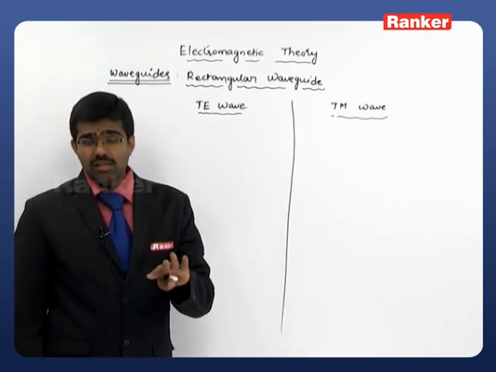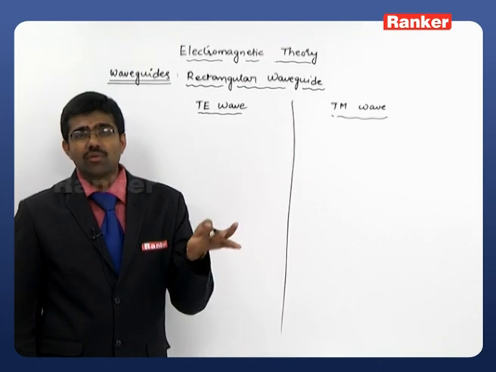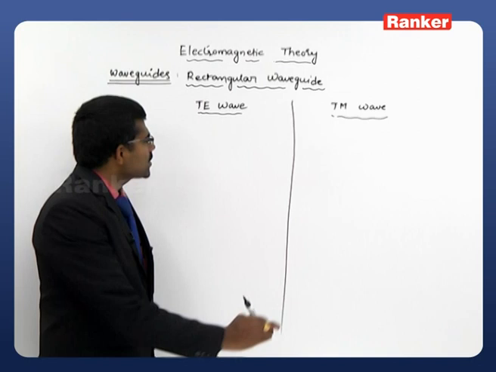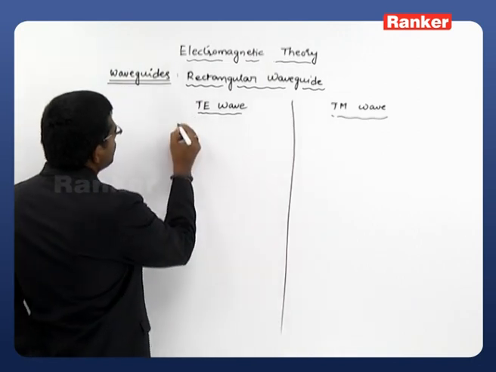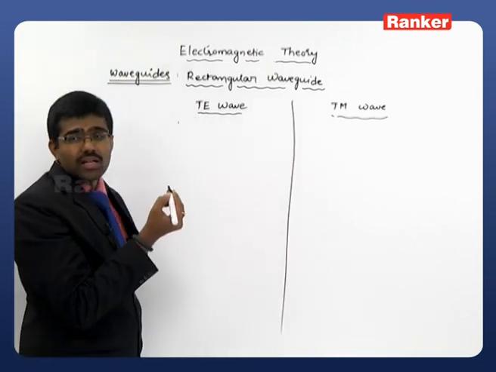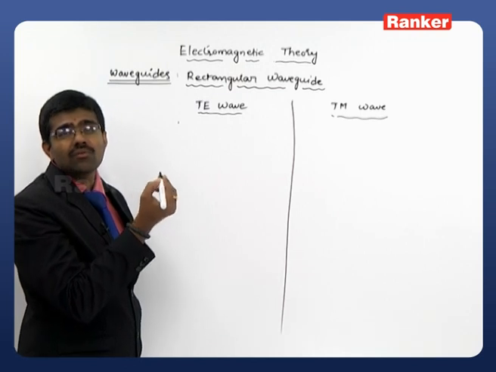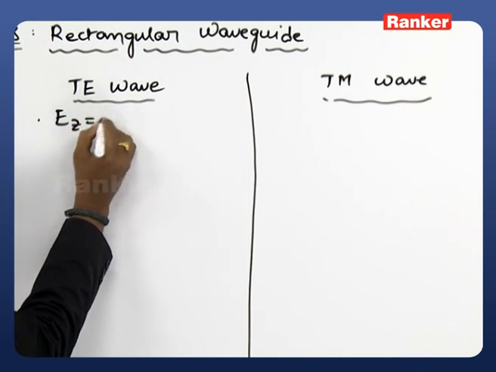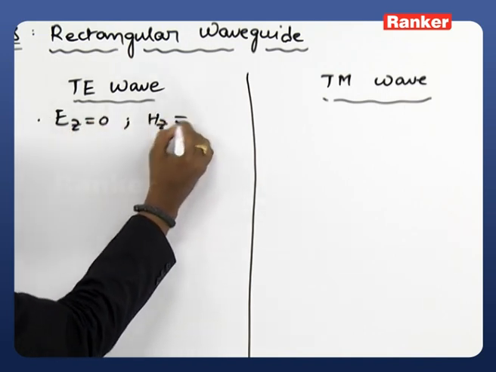The basic formulas are the same, the cutoff frequency formula is the same, the cutoff wavelength formula is the same. A few parameters will change. So starting with the basic concepts of TE: how will you define TE, transverse electric wave? There will be no electric field component in the direction of wave propagation, that is Ez equals 0 and Hz is not equal to 0.